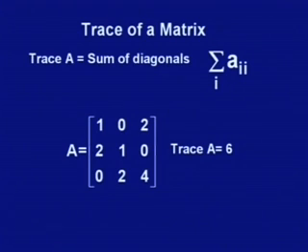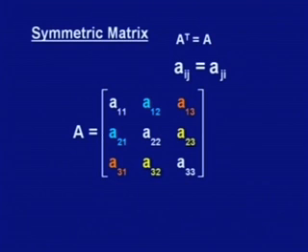Now, we define some special type of matrices. The first is the symmetric matrix. The symmetric matrix is the matrix which is the same as its transpose, that is A transpose is equal to A for a symmetric matrix, and by this I mean that the ijth element is the same as the jith element.